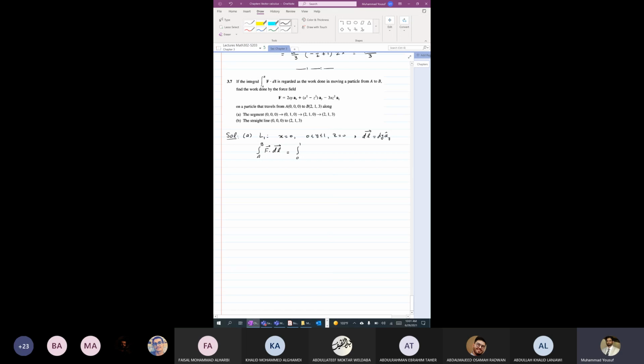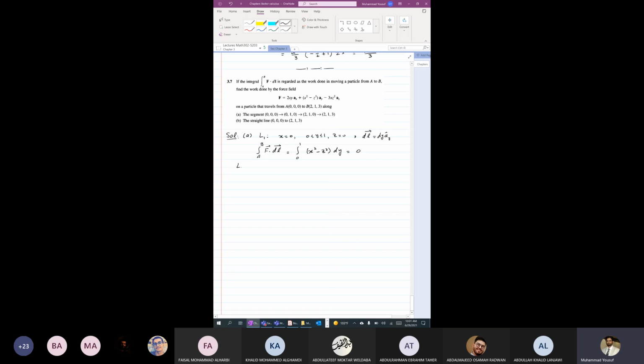When we take the dot product of F and dl, we get x squared minus z squared and dy, since ay with ay is 1. But z equal to 0, so z is gone. X is also 0, so x is also gone. So the whole answer is 0.